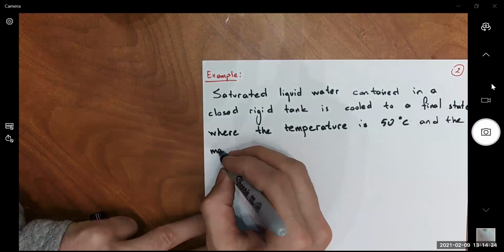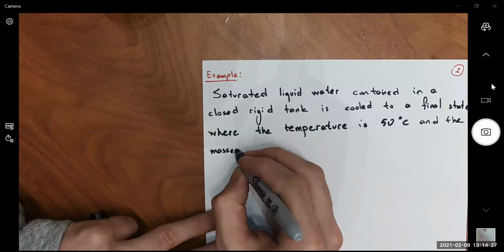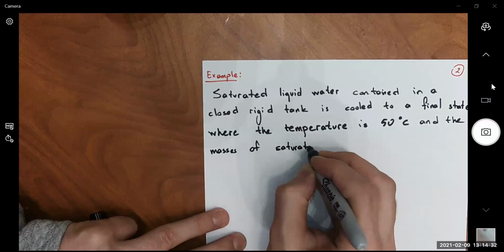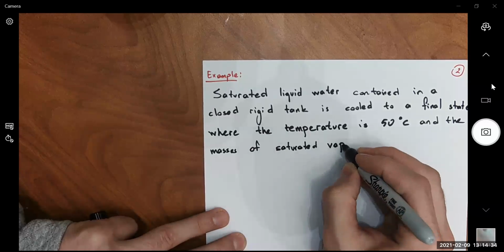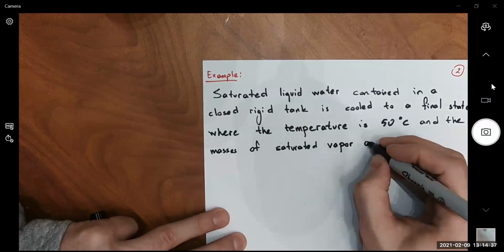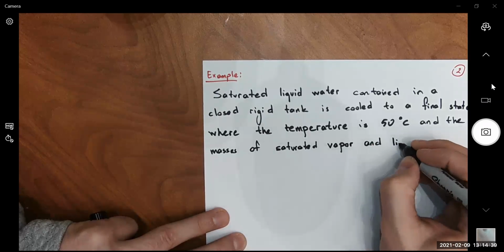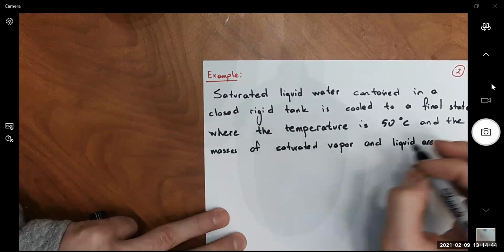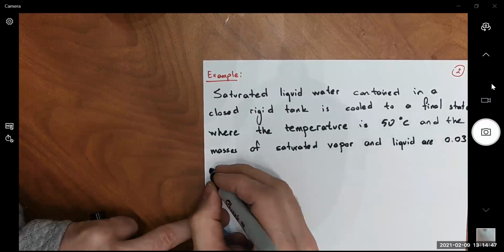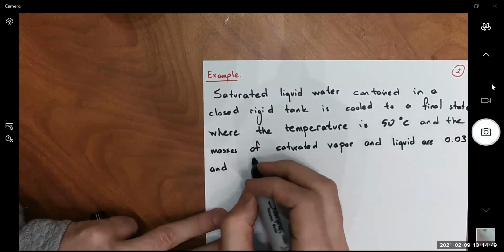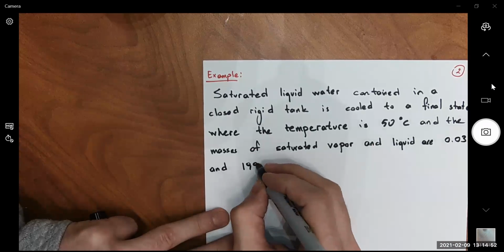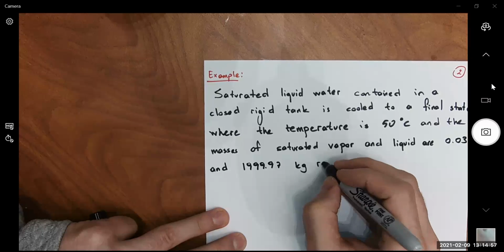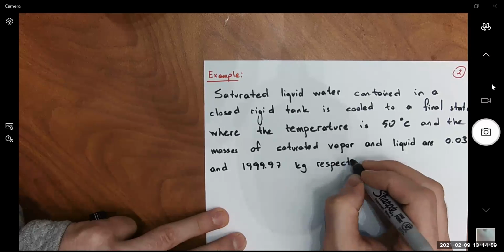And the masses of saturated vapor and liquid are 0.03 and 1,999.97 kilograms respectively.